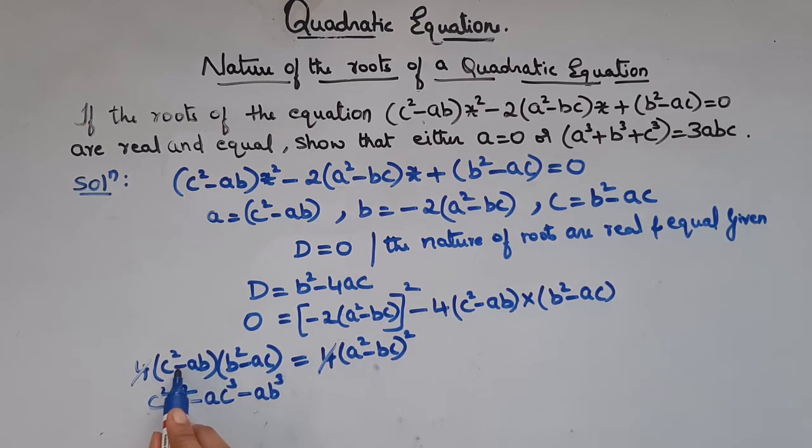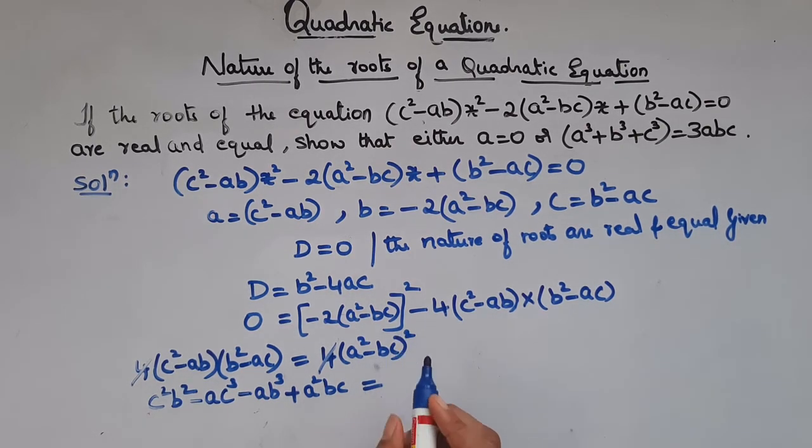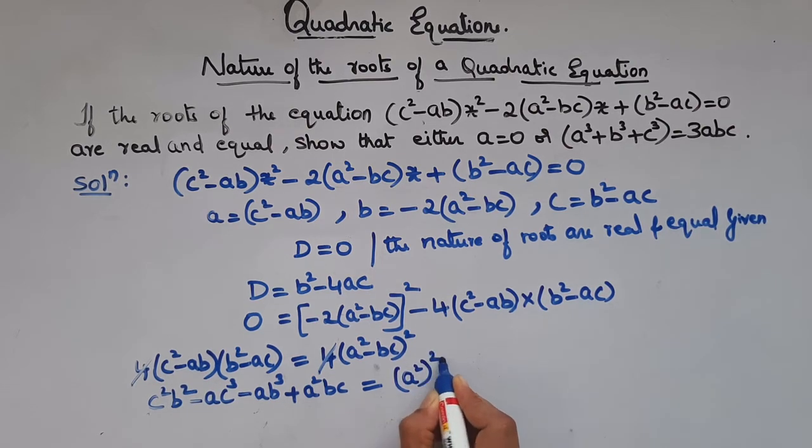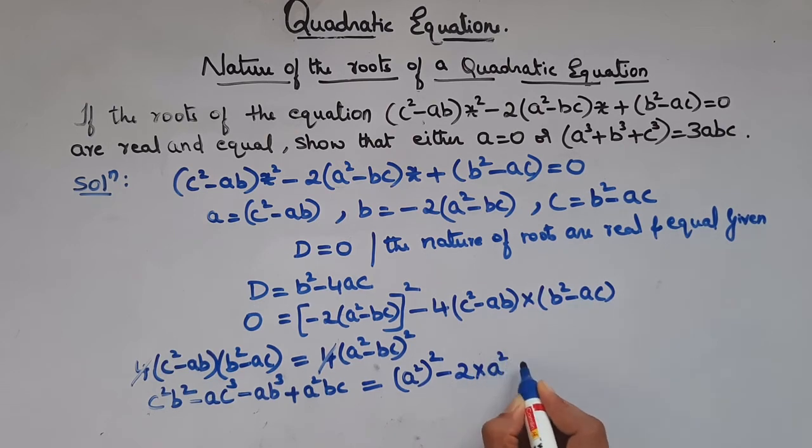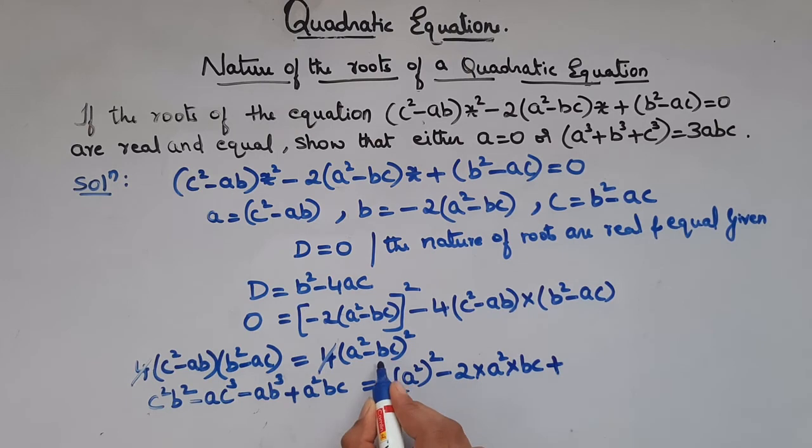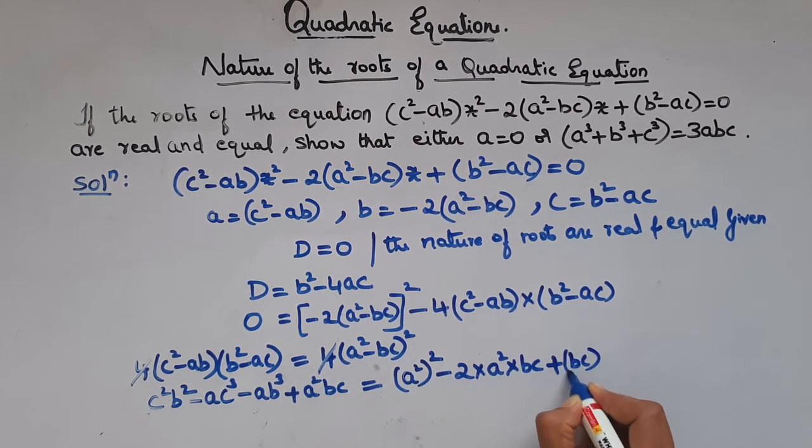So minus of minus is plus, ab into ac is a square bc, which is equal to, so here this is of the form a minus b the whole square. So a square, here a square minus 2 into a is a square into b is b into c, plus b square, here b is bc the square.